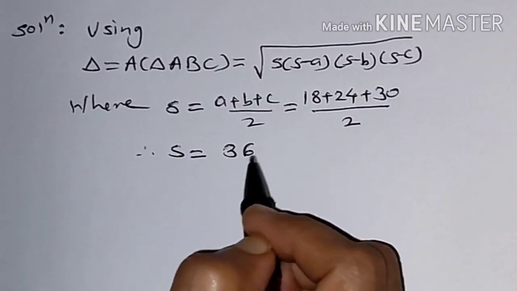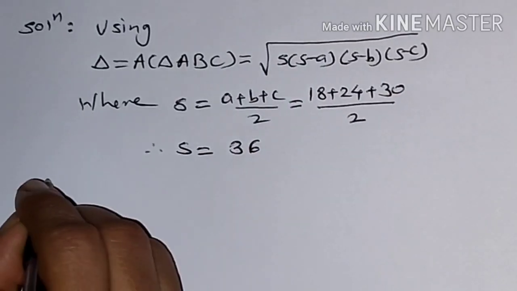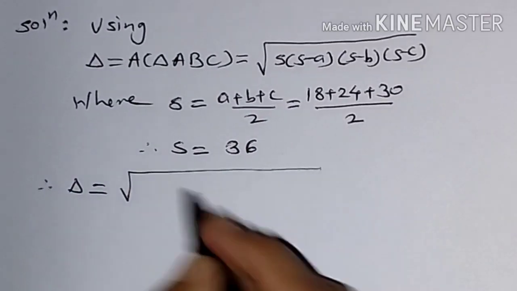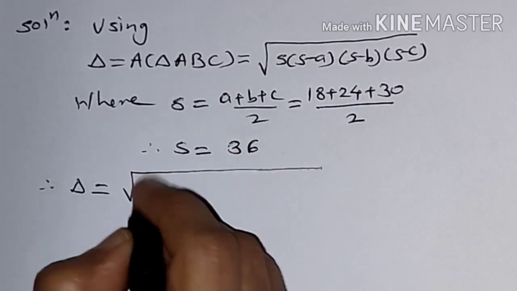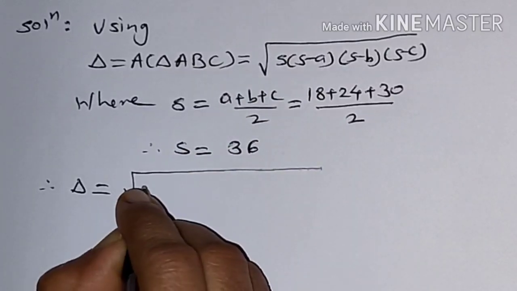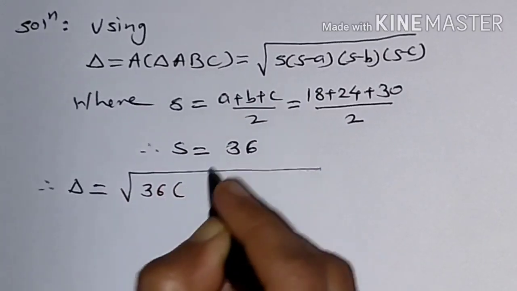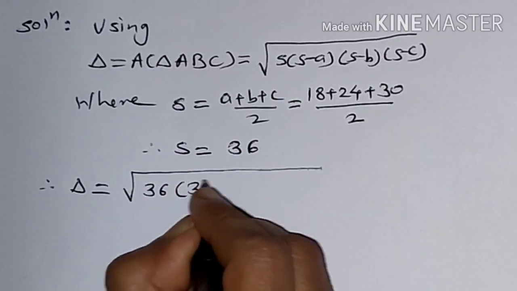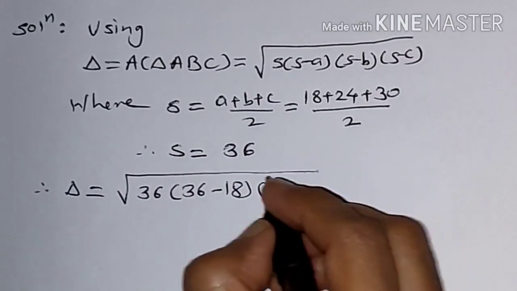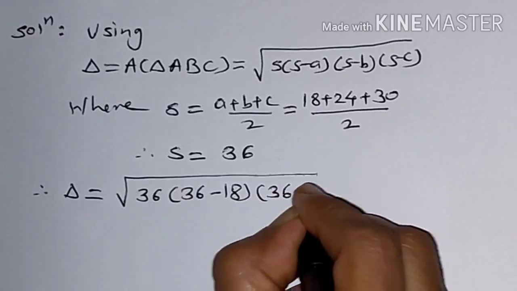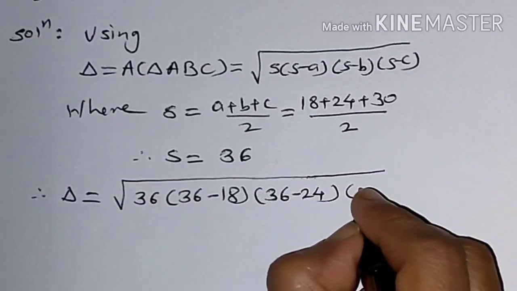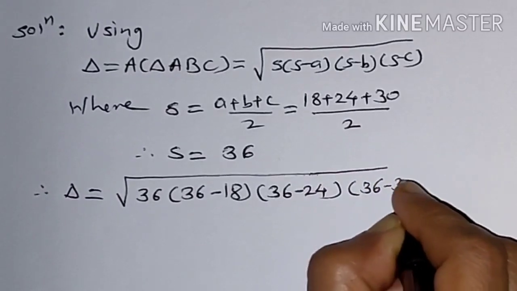Now let's use this value in the formula. Therefore, delta is equal to the square root of s, which is 36, so 36 into s minus a, that is 36 minus 18. Next bracket is s minus b, so 36 minus 24. And the third bracket is 36 minus 30.